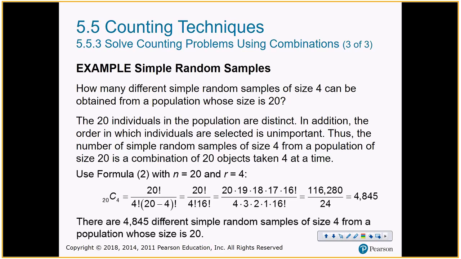So a simple random sample has to deal with groups, where a random sample is single. I need to make that distinction because some people think it's individual. A random sample is individual. If I didn't cover that in statistics, I'm sorry. All right. So which one's n? 20. So that means r is 4. Punch it in your calculator. See if you get the same number. Everybody should get the same number.